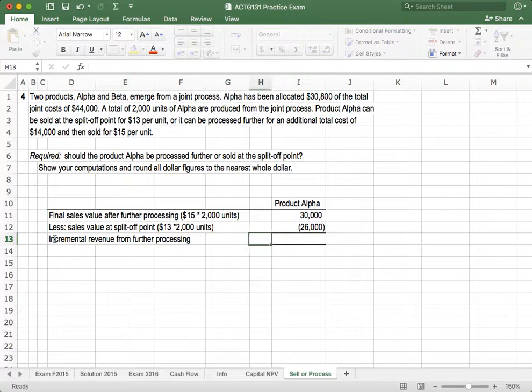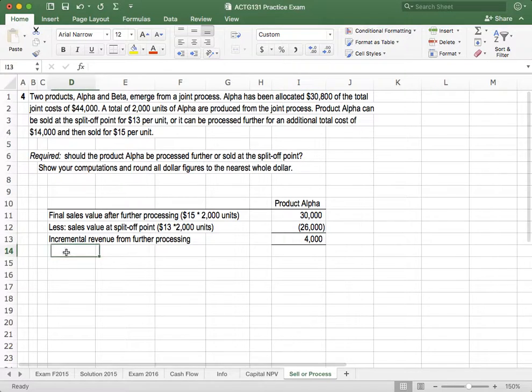So we're going to subtract one from the other, and that's how much more revenue we will make if we skip that first step. We don't sell at the split off. Now we've decided to go further in the process, receive 15,000, but we also have an additional $14,000 of cost. So we need to subtract that.